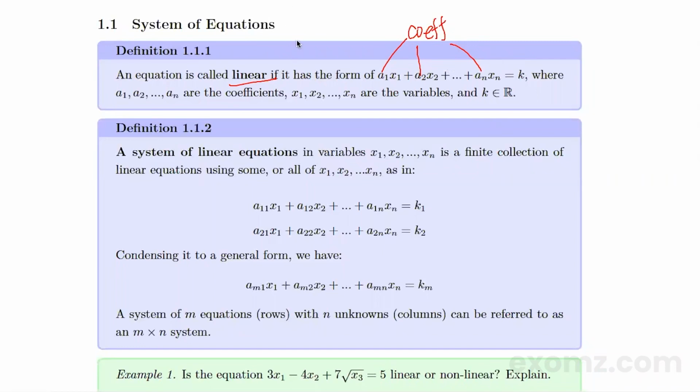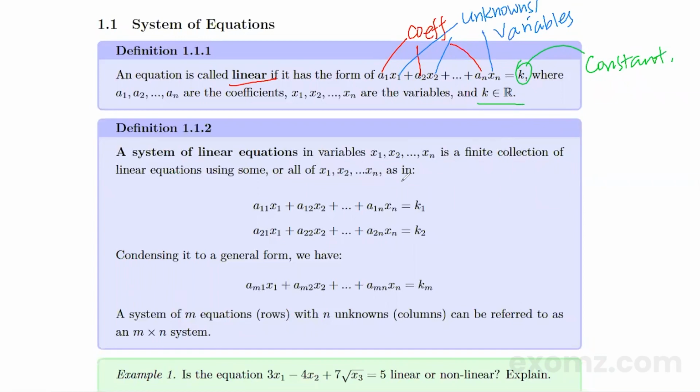And for the x's right here, these are what we called unknowns or variables. And at last, for the k on the right-hand side right here, this is what we called a constant. And for our constant term right here, it has to be within the real number system. So that is the case for having one linear equation.